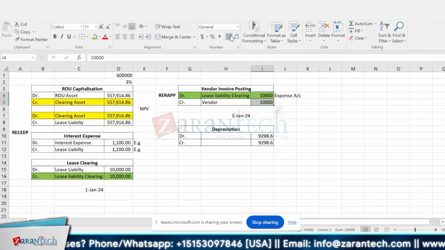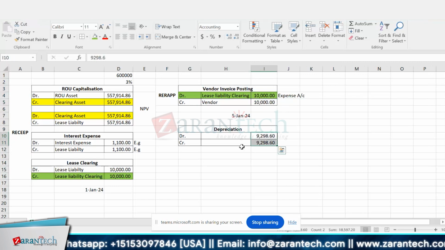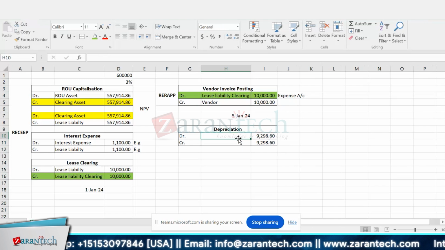Here accumulated depreciation should be there, but in this case the lease liability account is credited now, so that balance is still in there. So how does the depreciation matter? Ideally, if lease liability is there, we should be posting to accumulated depreciation only, right?